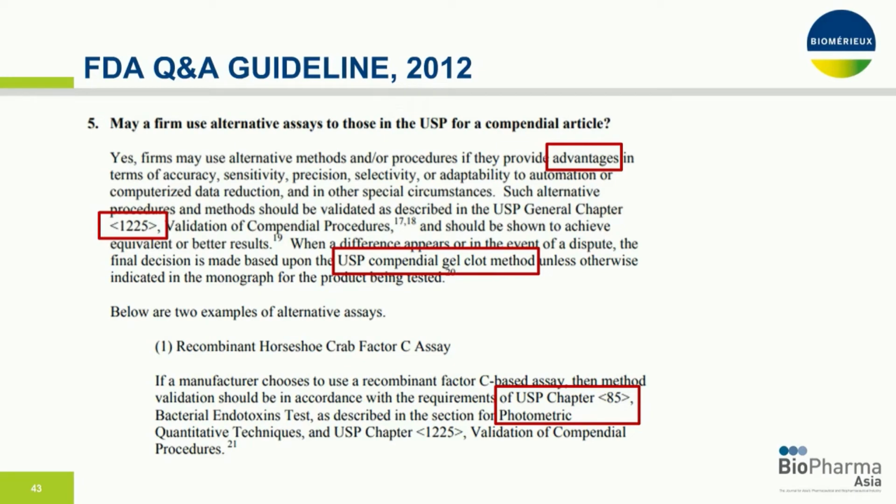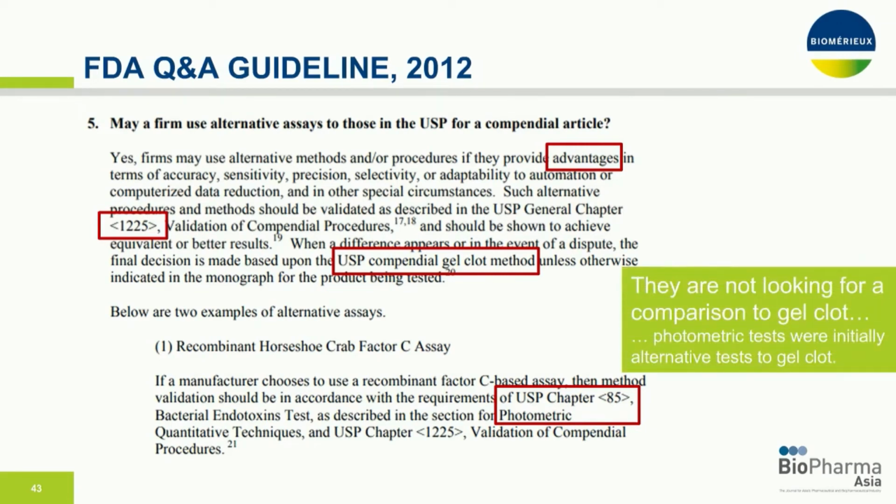So FDA says that they are looking for the user to understand the advantages that they are presenting to be proposed with the new method, and also they're saying to validate using both USP 1225 and also USP 85. USP 85 because it's such an analogous test. They do remind the users that the gel clot test is the compendial assay, but they also state that they're not looking for a comparison to the gel clot test.